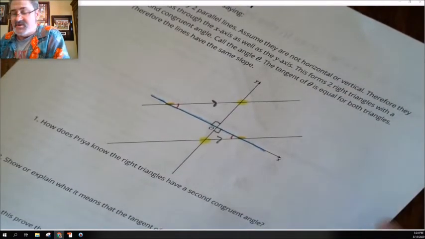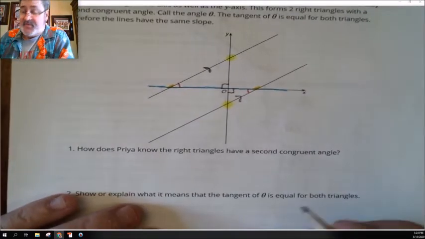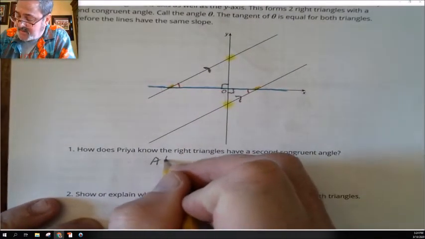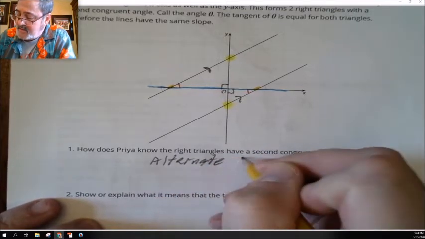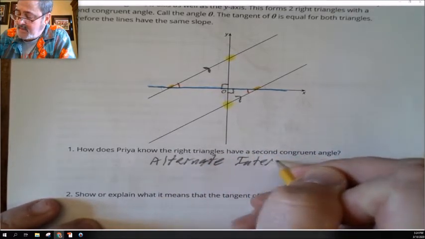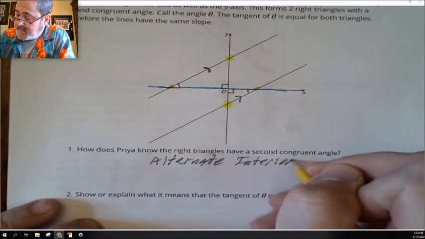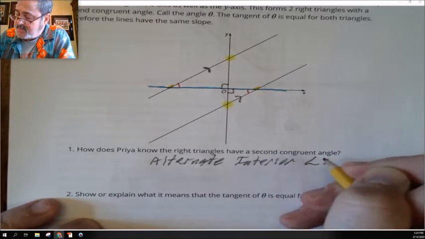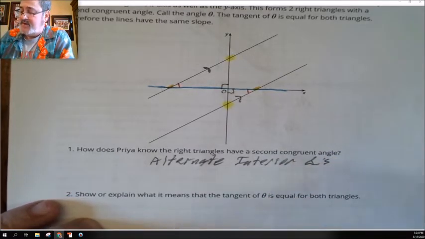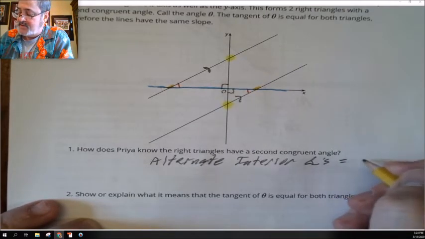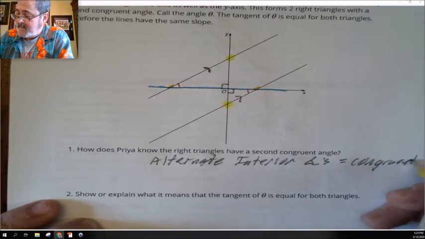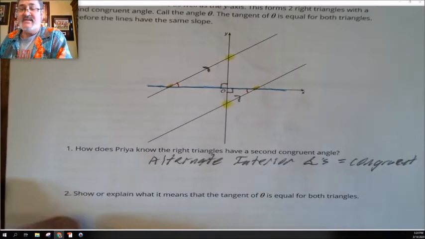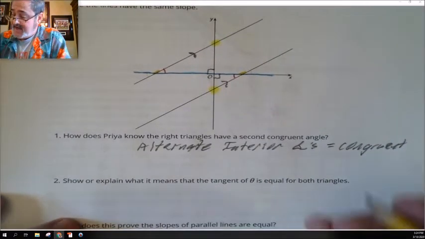Since those are alternate interior angles, they are congruent. So that's how we know that. It is a second angle that would be the same in those two triangles.